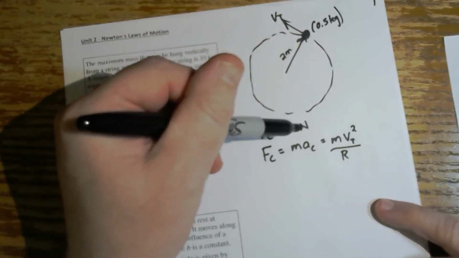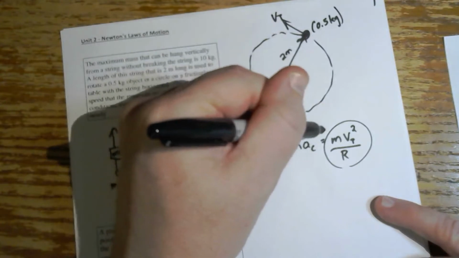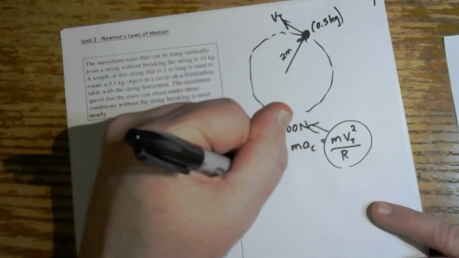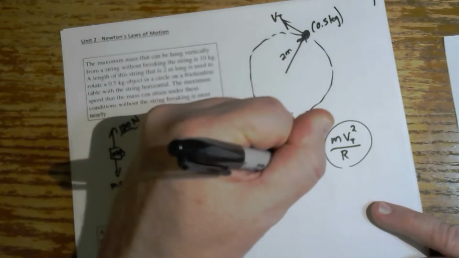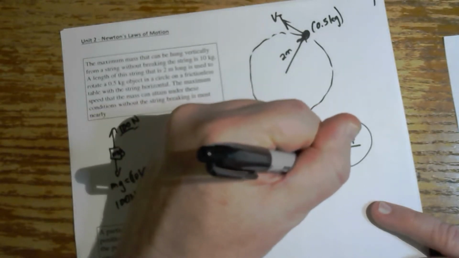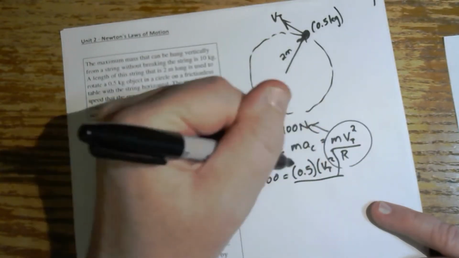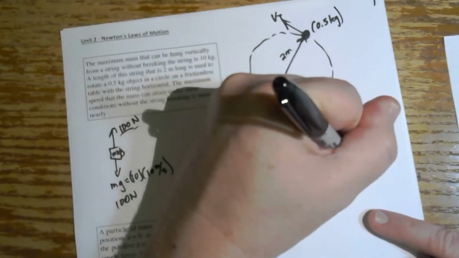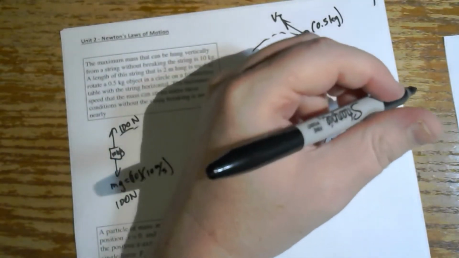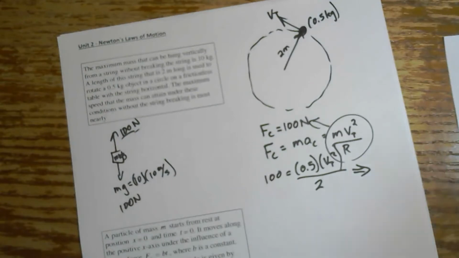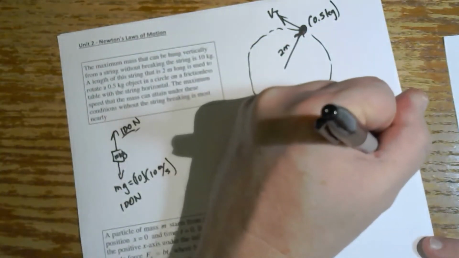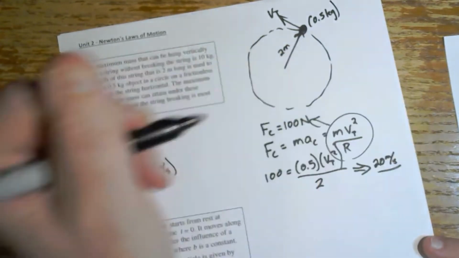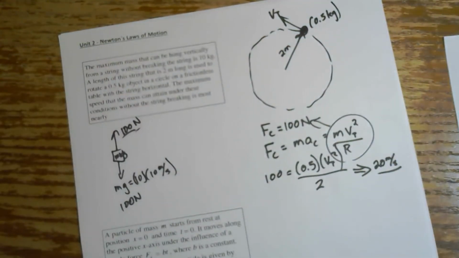So all I need to do is set this expression equal to my 100 newtons. 100 is going to equal 0.5 times Vt squared divided by 2 meters. When you make that calculation, you end up getting the square root of 400, which is 20 meters per second. And that's the maximum speed that we can rotate that object at.